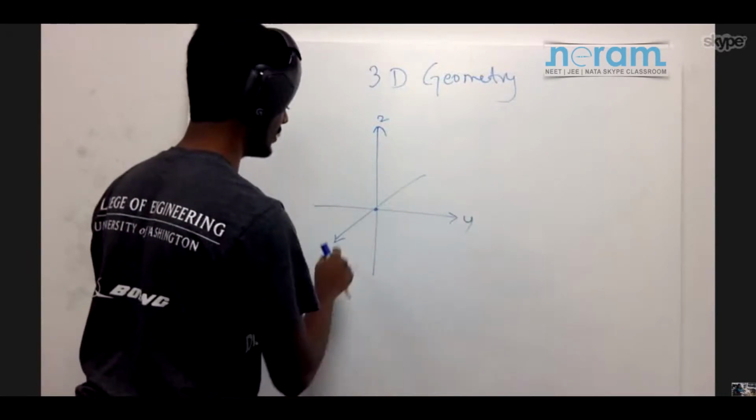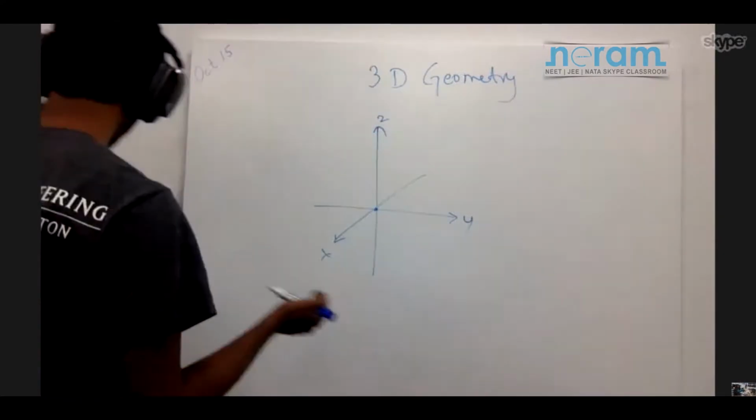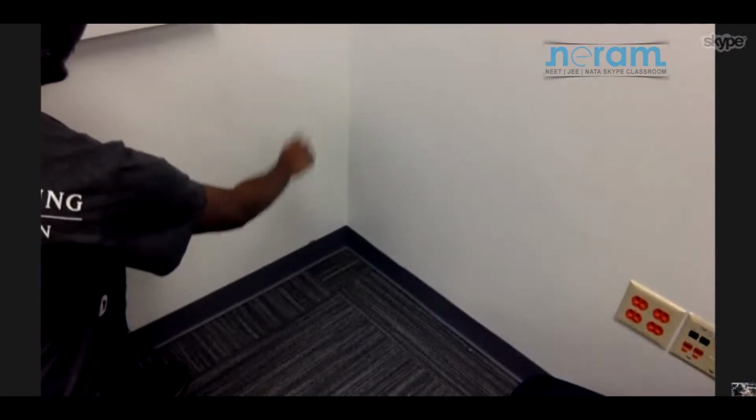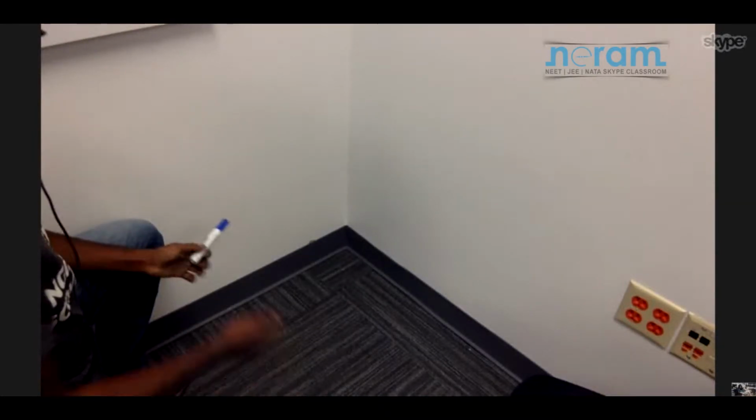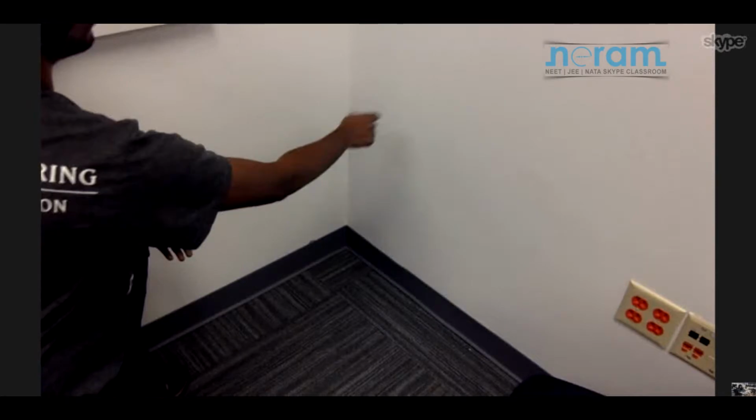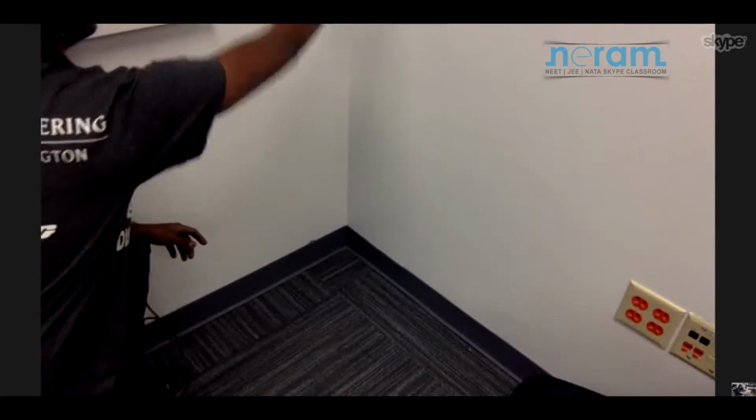ஒன்னு வந்து positive x, positive y, positive z. Let's assume this is x, this is y, this is z இல்லையா? இப்போ அந்த சைடு ஆக்டன்ட்ல போனோம்னா y, z, ஆனா x வந்து அந்த சைடுல இருக்கும்.